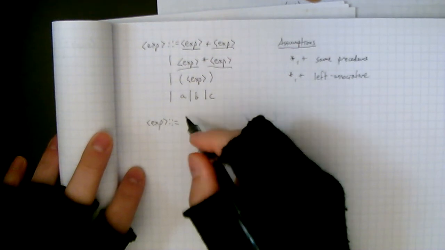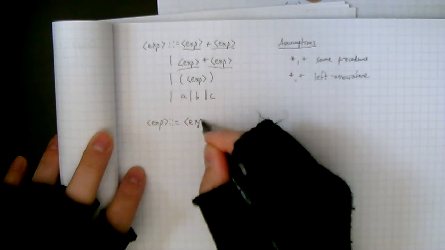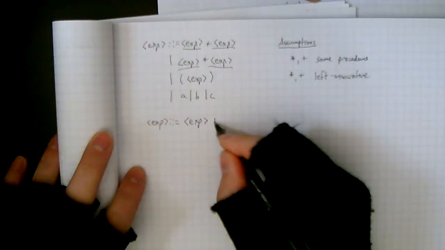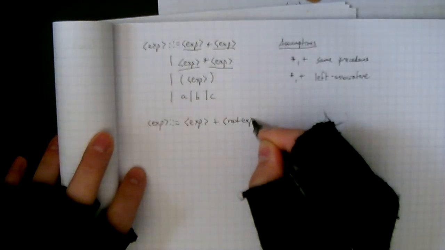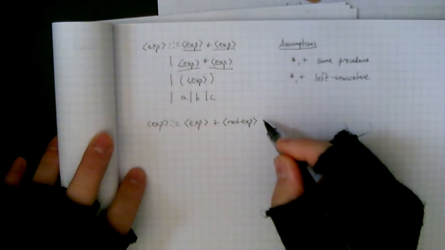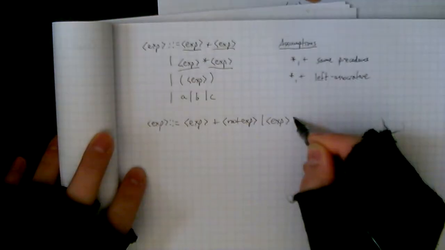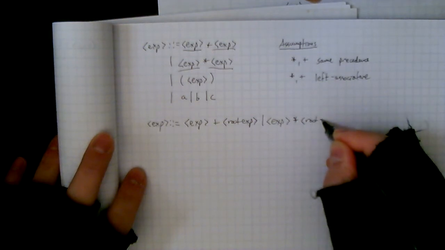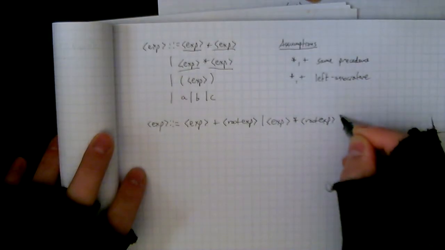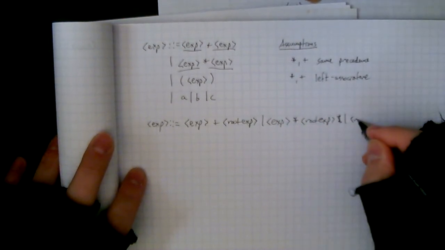In order to do that, since we're maintaining left associativity, we'll call our new rule root.